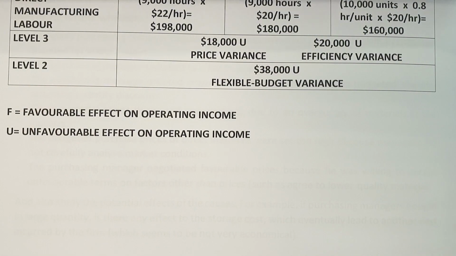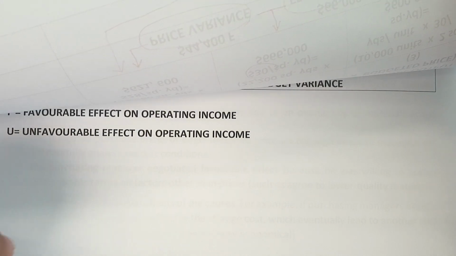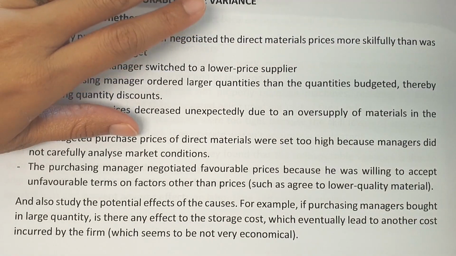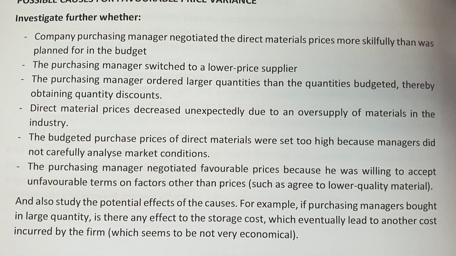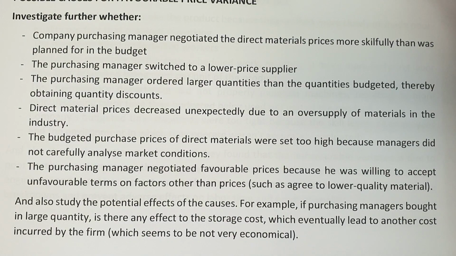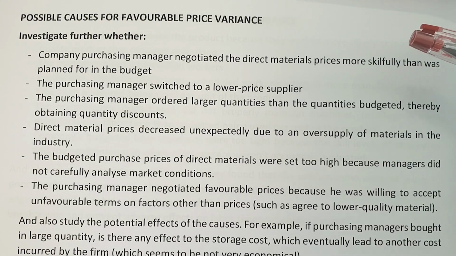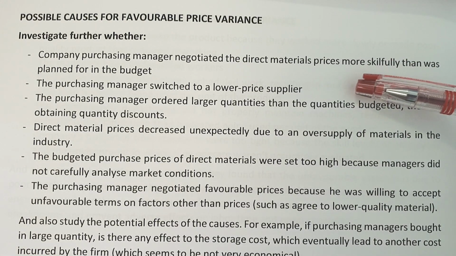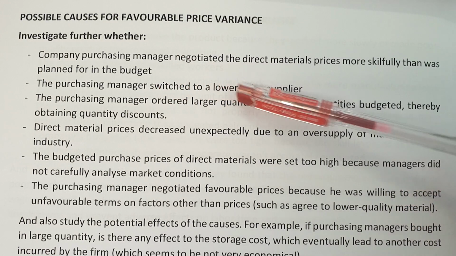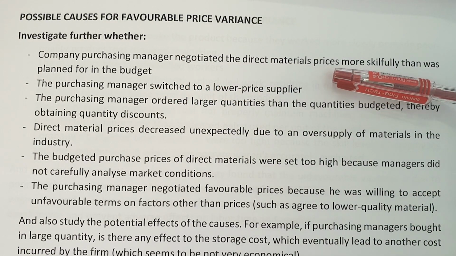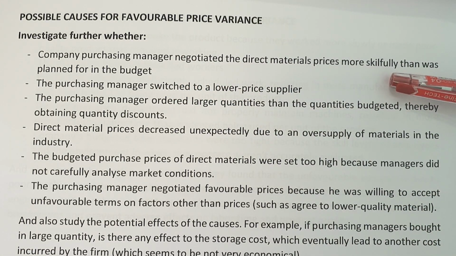Alright, I'll show you an example of the possible causes for favorable effects of the price variance. And we as management accountants have to think further. Is that because the company's purchasing manager negotiated the direct material price more skillfully than was planned for in the budget?